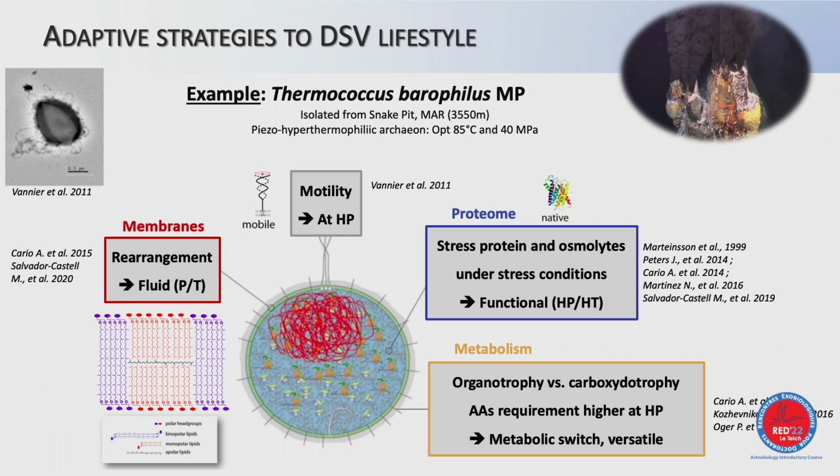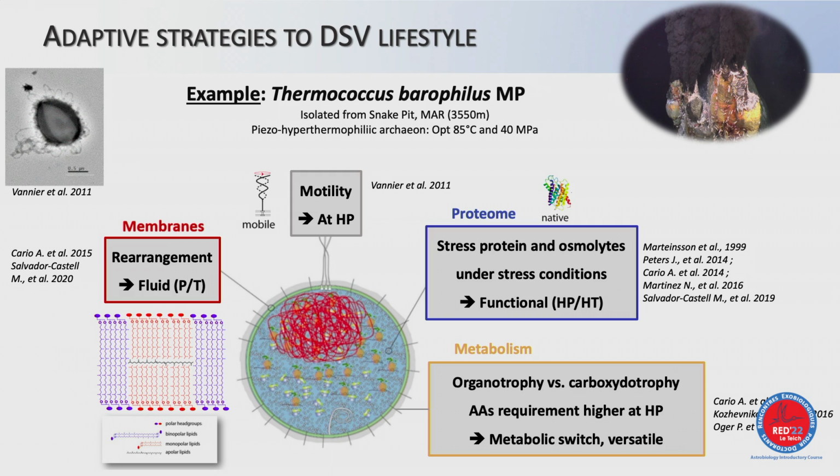So here I show you the adaptive strategies of deep sea vent microorganisms with Thermococcus barophilus. It's a model piezophile, and in the microbiology lab, there were a lot of studies to try to understand how these microorganisms survive in those pressure conditions, but also thermal gradients.